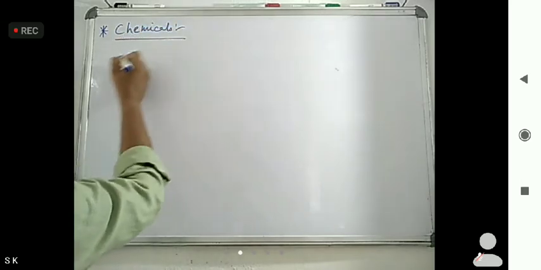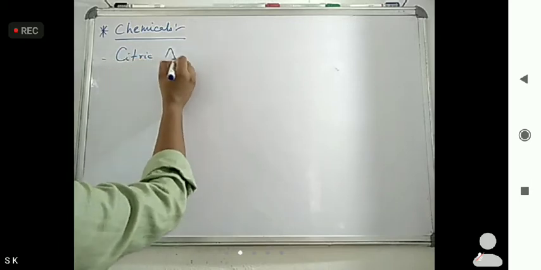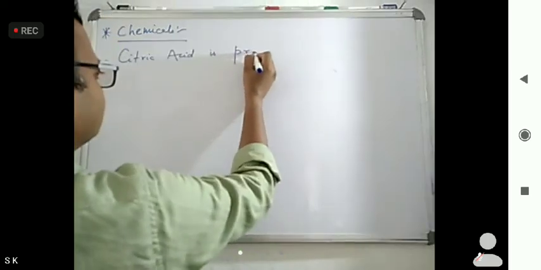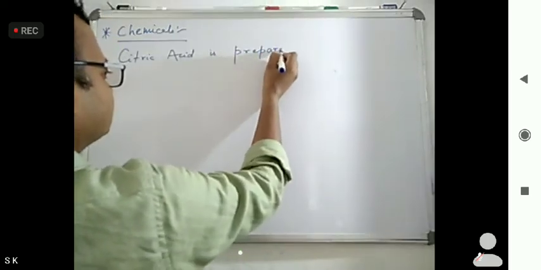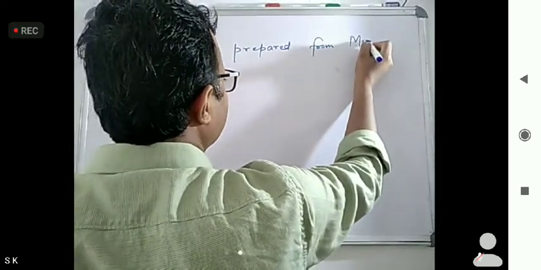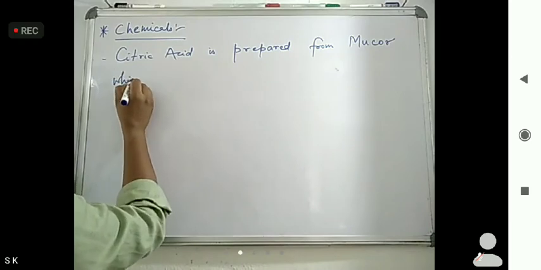Here first, citric acid is prepared from mucor, which acts on molasses.